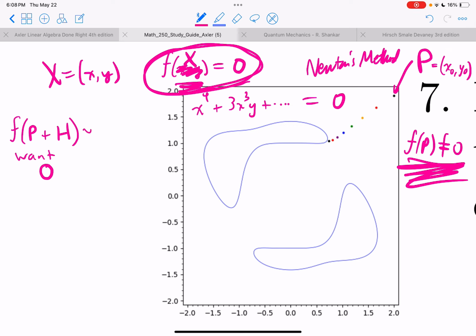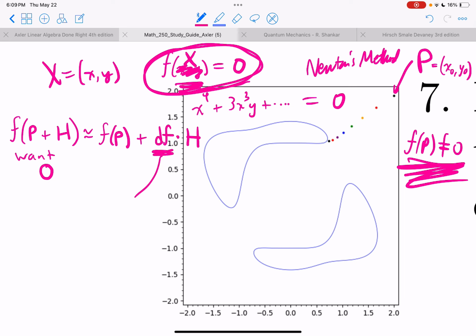Well, f of p plus h is approximately equal to f of p, which is probably not 0, since if it were 0 we'd be done, plus the derivative of f applied to the movement vector h. You could call this grad f or whatever you want, but in general it'll be a Jacobian matrix.